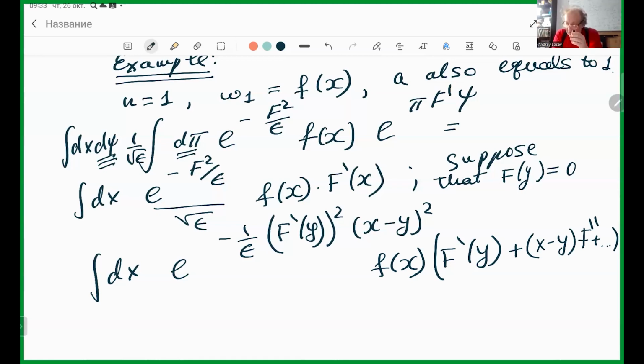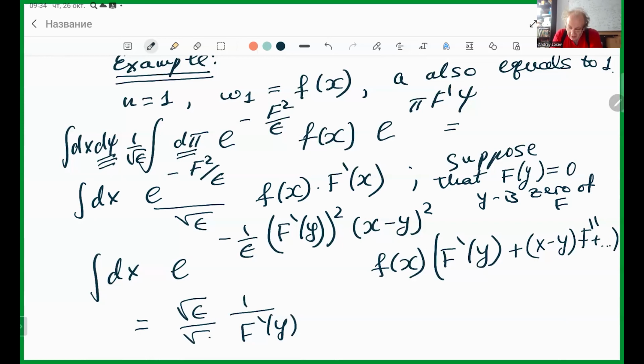Yes, y is 0 of f. So here I'm taking the Gaussian integral. I get square root of epsilon, 1 over f prime of y from the Gaussian integral.